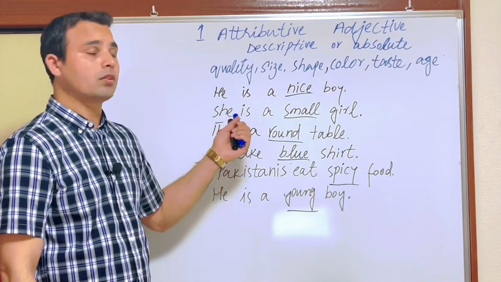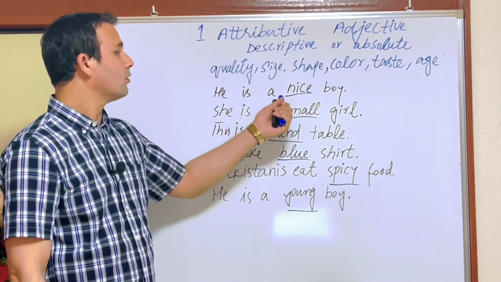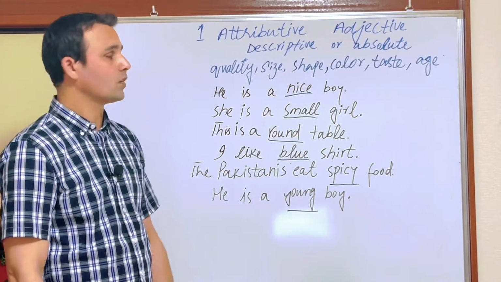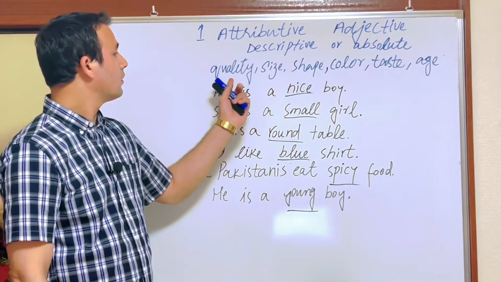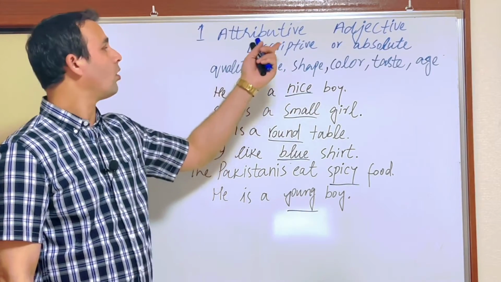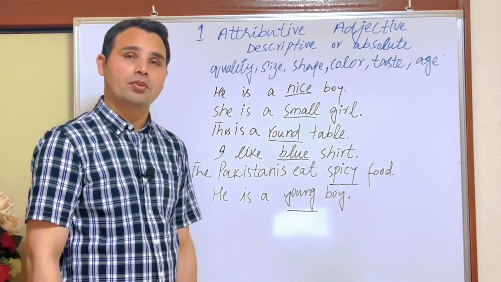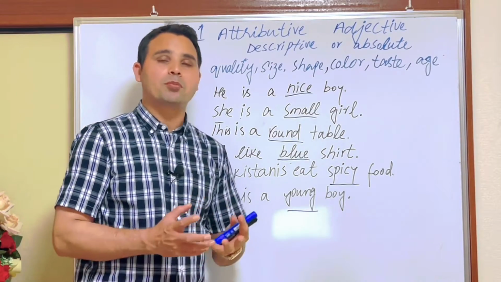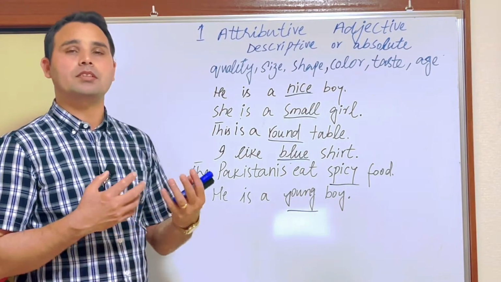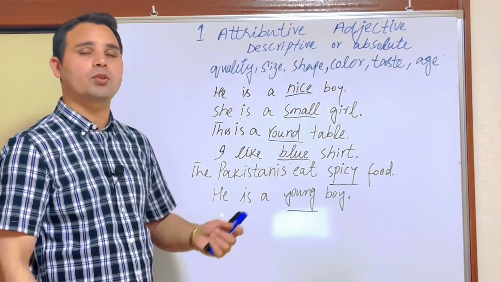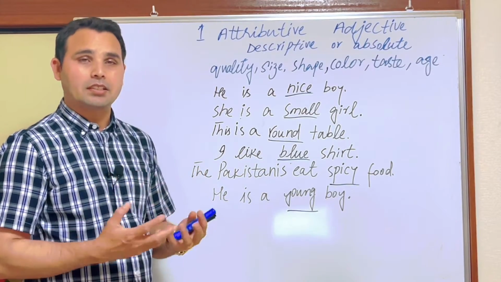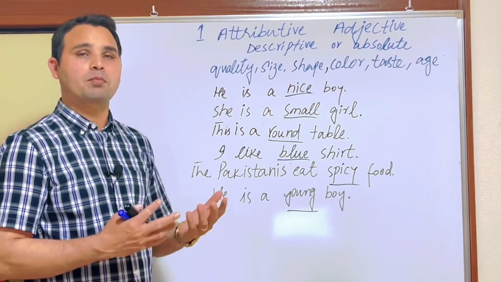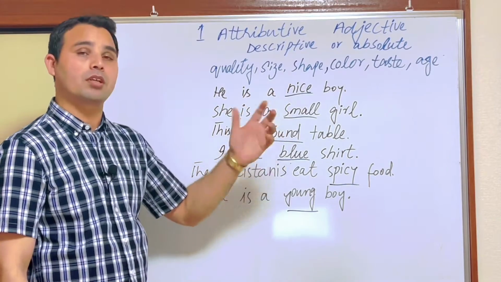The very first example, he is a nice boy. Nice is the quality of the noun or pronoun. Means the boy is nice, the boy is good, like he is a good boy, he is an intelligent boy, he is a bad boy. The quality can be good or bad.